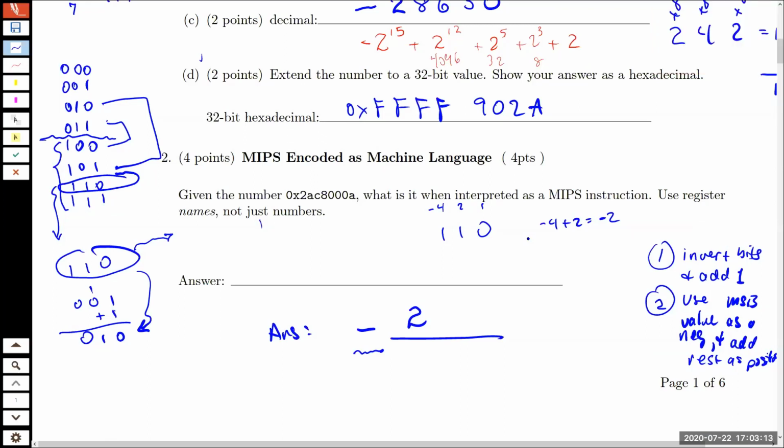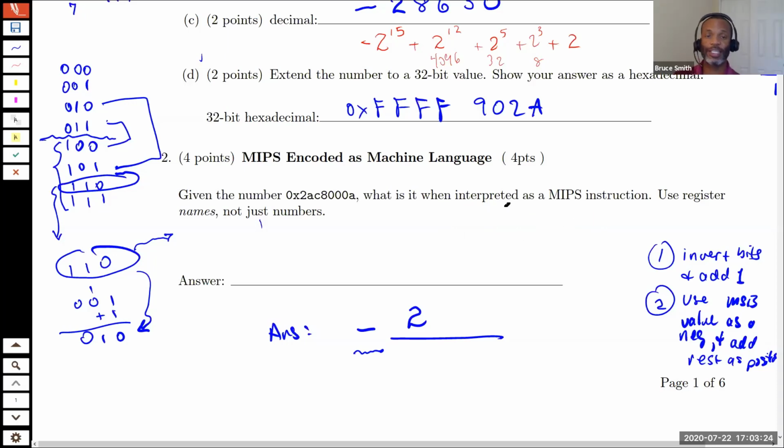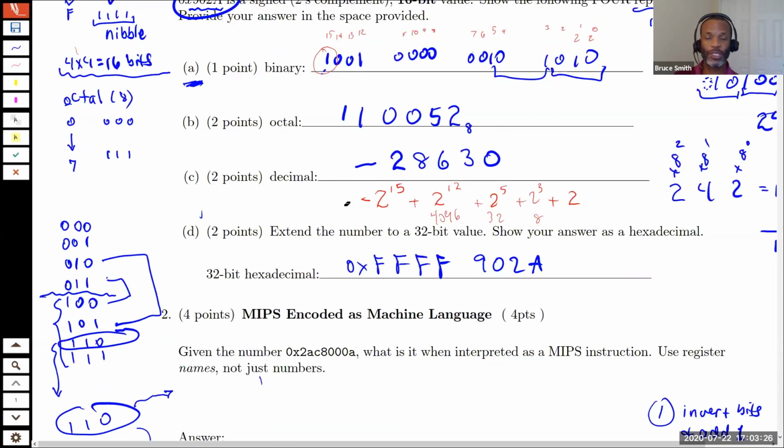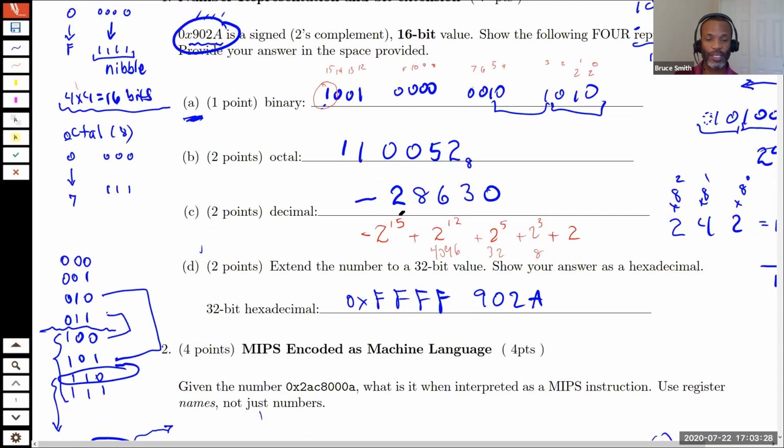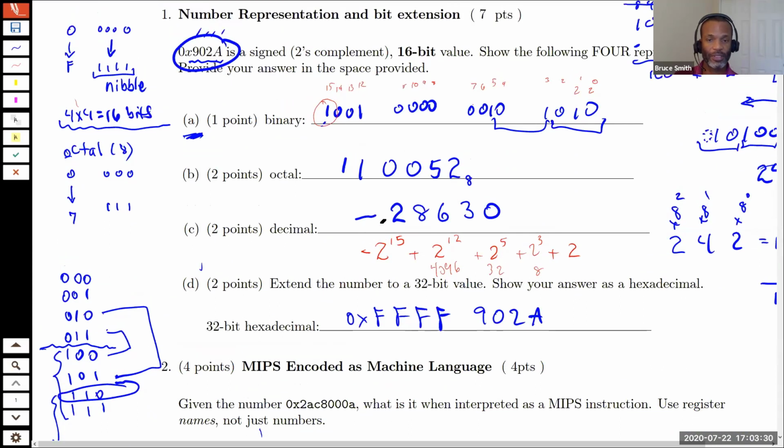Professor, so the only time we're going to write a negative sign will be with the decimals? Yes. The only time you're going to write a negative sign is if there's a decimal.